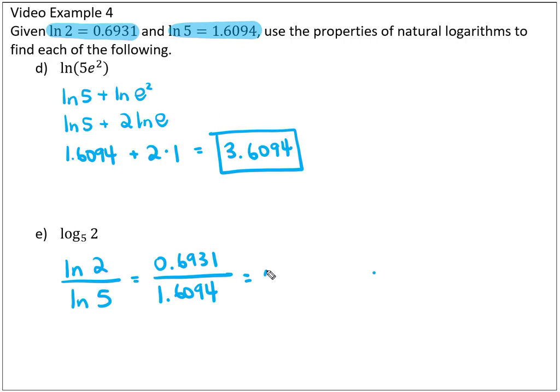And I get 0.430657. And as a general rule of thumb, you want your answer to match the question. So since we were given 4 decimal places as part of the question, we want our answer to be to 4 decimal places. So we're going to round it to this place value, and we're going to round up.